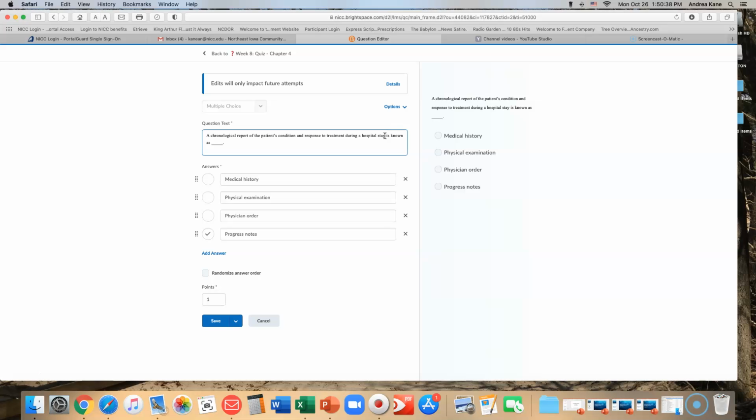And then if you go further in your book, page 107 talks about progress note. It talks about clinical observations, and it says that it is a chronological report of the patient's condition and response to treatment during his or her hospital stay. So I guess what I would encourage you to do is when you go to take tests, stop and think.